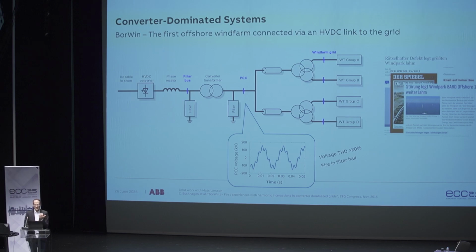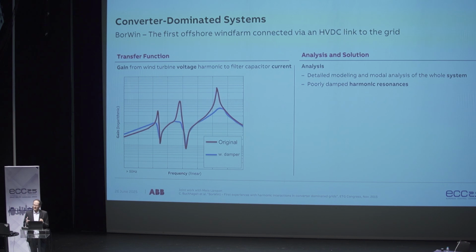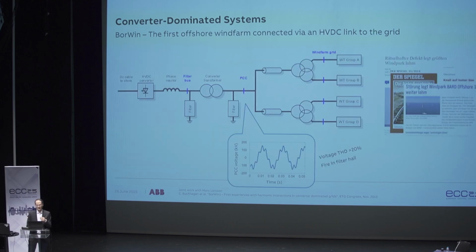Now a careful and actually not that difficult an analysis showed that there are resonances in the system. So I'm deliberately not showing you the frequencies down here, but they are in the range of hundreds of hertz. And I'm also not showing you the gains, but the gain is from a wind turbine voltage harmonic to one of the currents here in the filter bank.